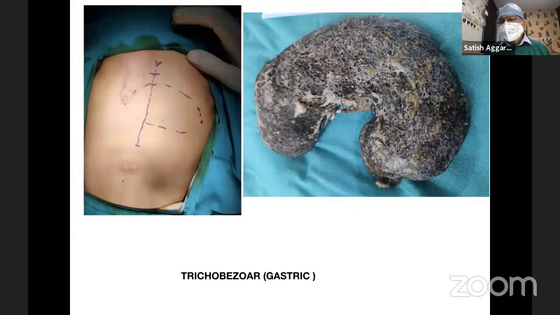And once in a while, you will still see such things presenting as abdominal masses. Surgery is curative in these cases, but these children also need psychological assessment, because sometimes they have this psychological or psychiatric disorder of eating their hair, which needs to be addressed. Otherwise, recurrence is quite common.